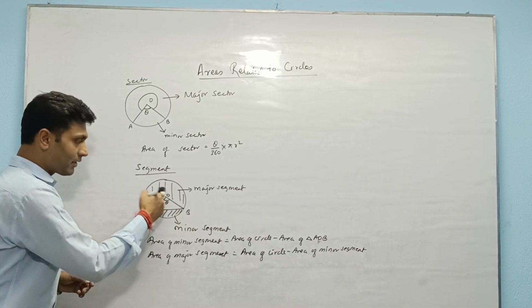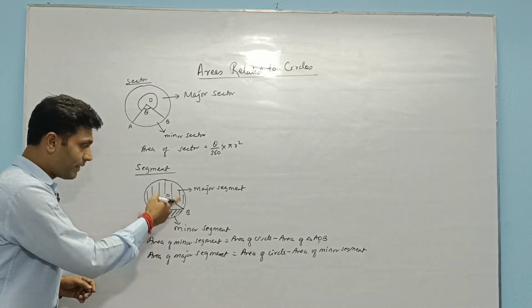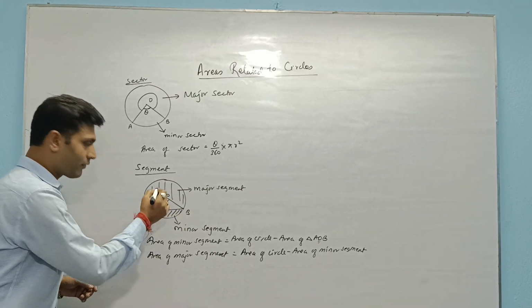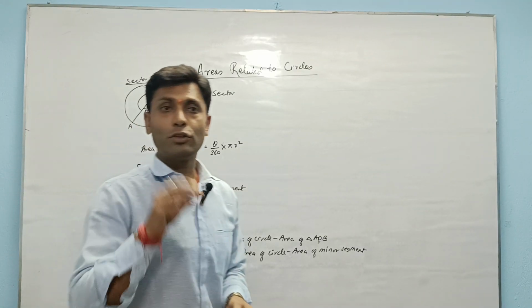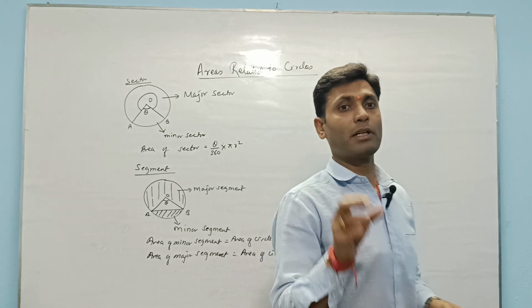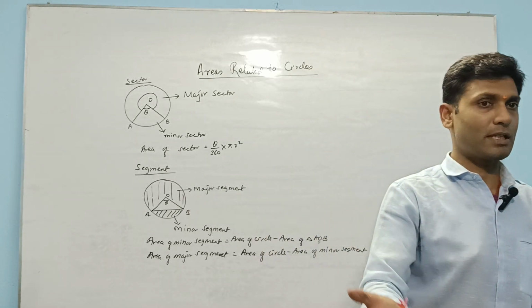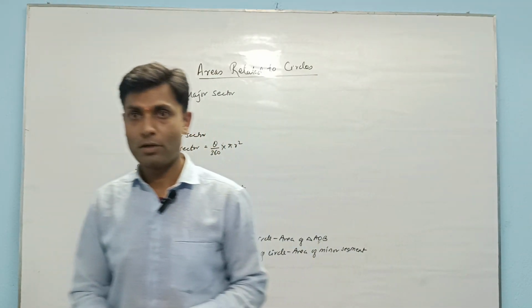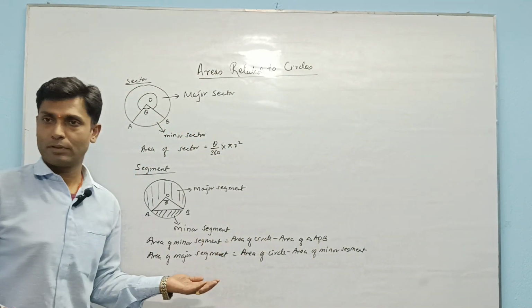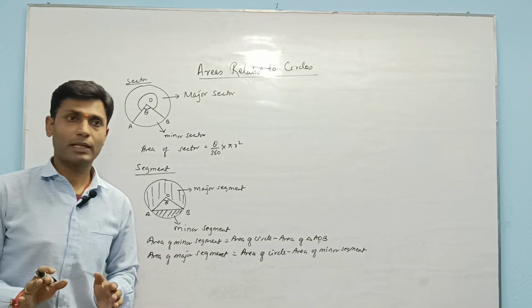So area of the major segment will be area of major sector plus area of triangle. I'm giving you both the formulas, so use the formula as per the convenience. What information is given in the question? Which answers we have already calculated? Accordingly, you have to use it to save time. Clear or not clear?